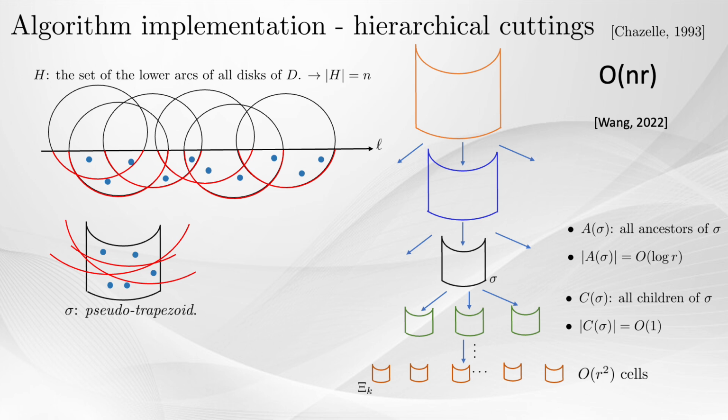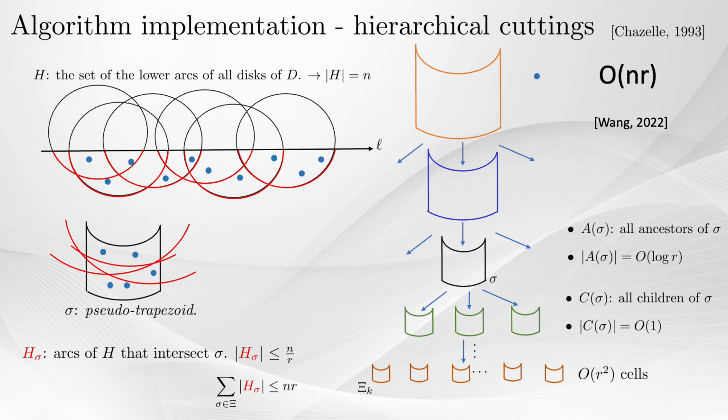Besides, we use H sigma to represent arcs of H that intersect sigma. So each cell has at most n divided by r arcs, because we totally have O(r squared) cells. Then there should be O(nr) arcs in the whole cutting.